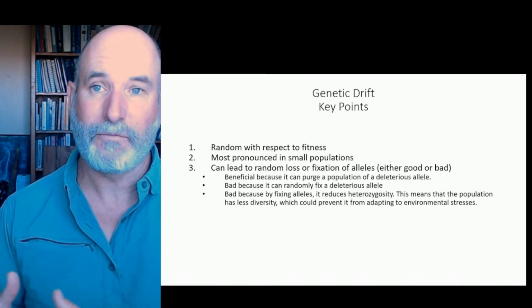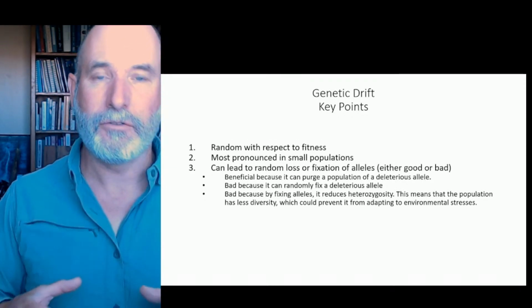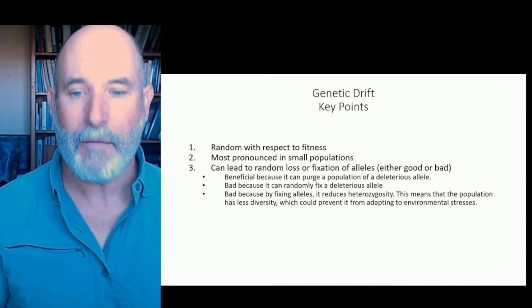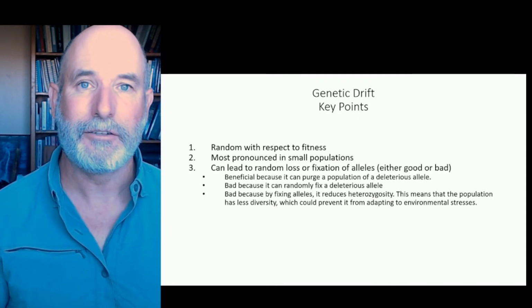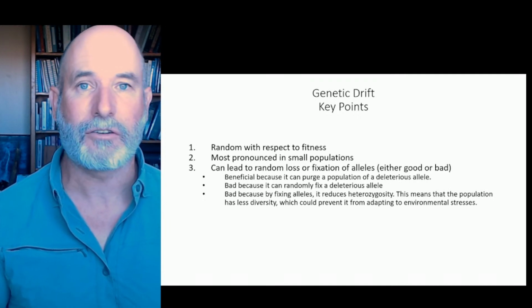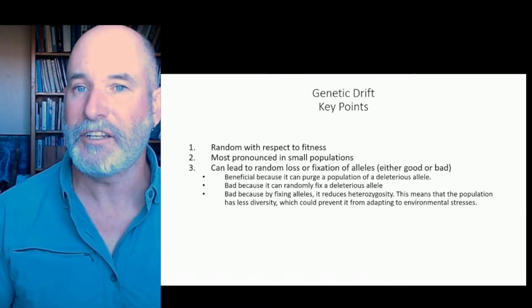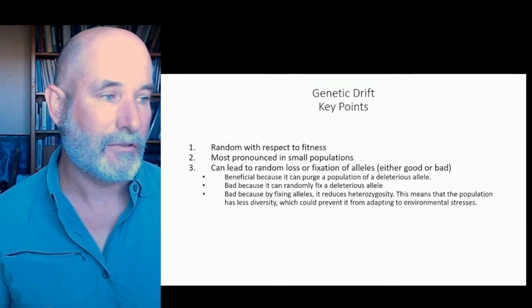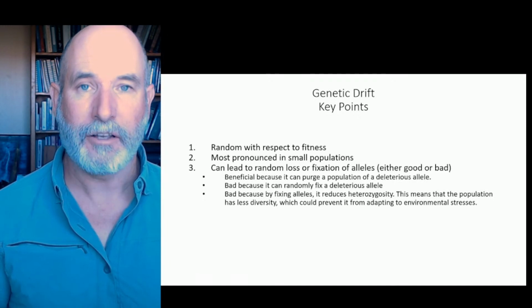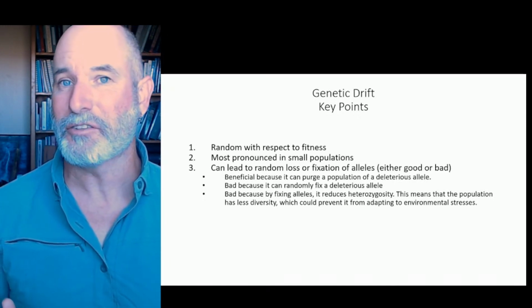So you hinder that population's ability to adapt to a changing environment, whether that's getting warmer, drier, hotter, colder, a change in food source, change in predation, new diseases, any of that. And interestingly, an allele that might be bad under one circumstance might be beneficial under another.